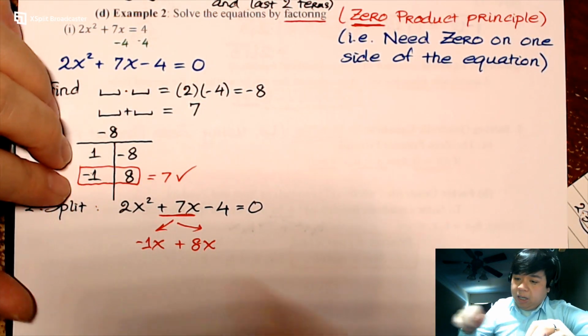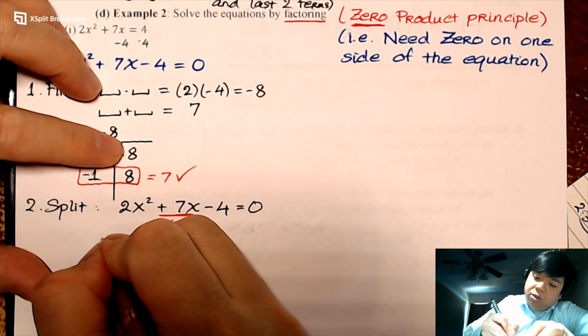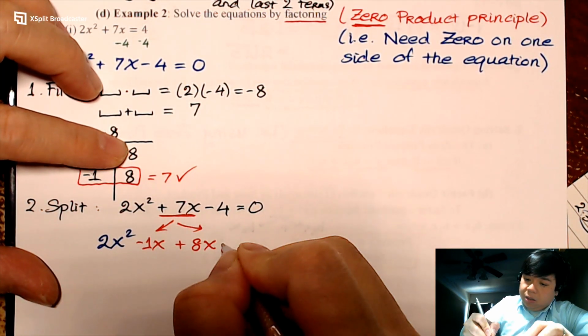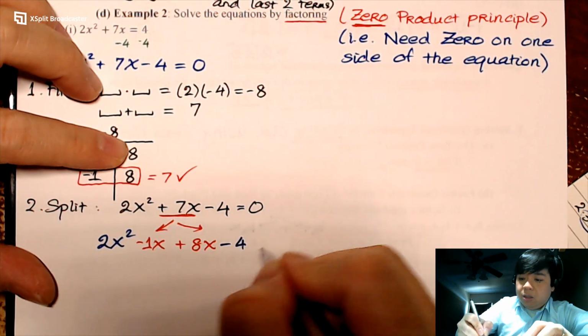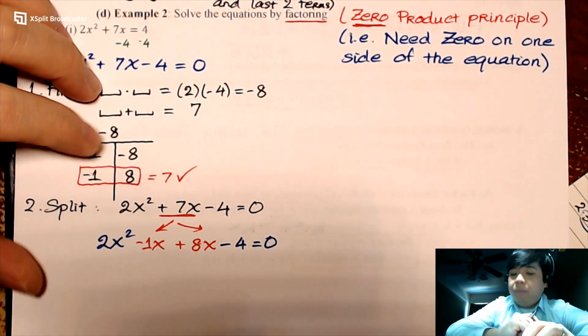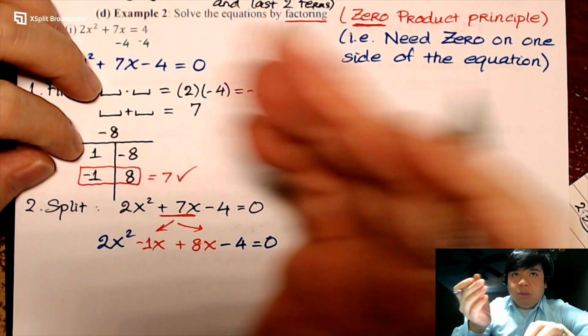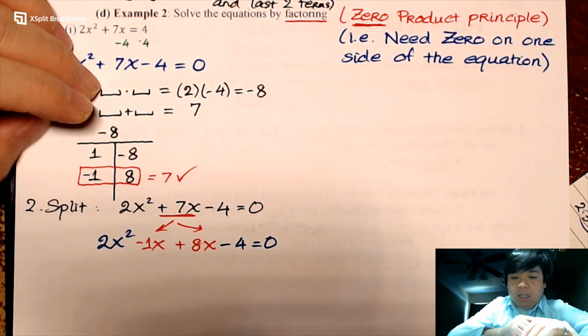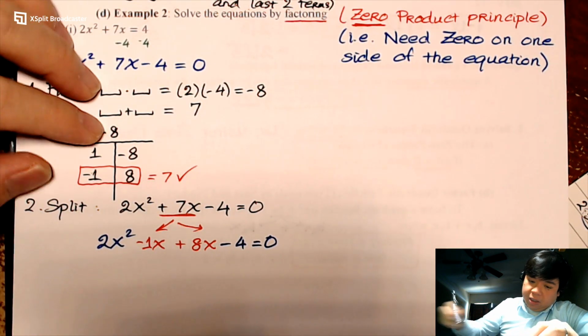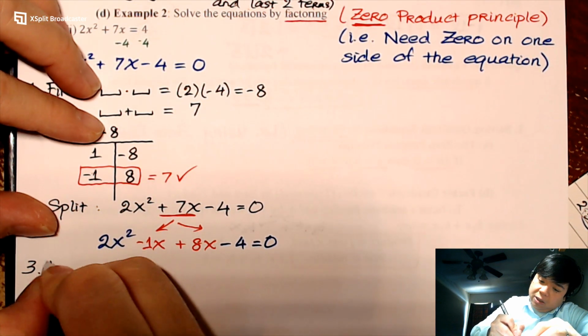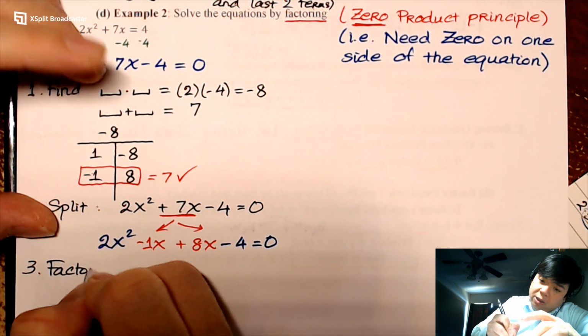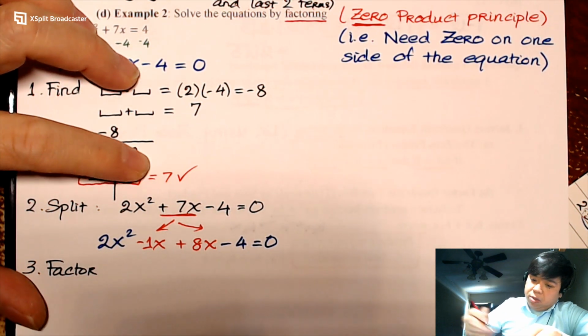Negative 1 and 8. The first term is still the same thing. Okay, and now the next is by grouping. I'll use the box method.